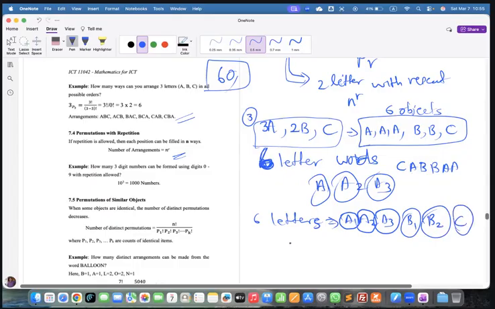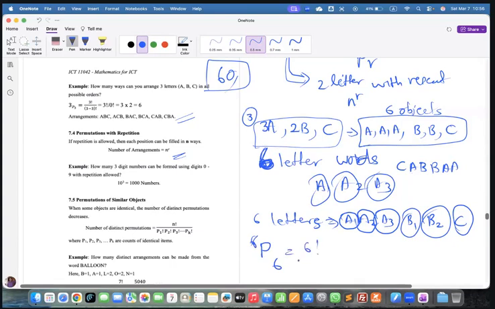Now tell me, if you have 6 letters, by utilizing all these 6 letters, how many 6-letter words are we making without repetition? What is the equation? 6 permutation 6, without repetition, in the sense 6P6.